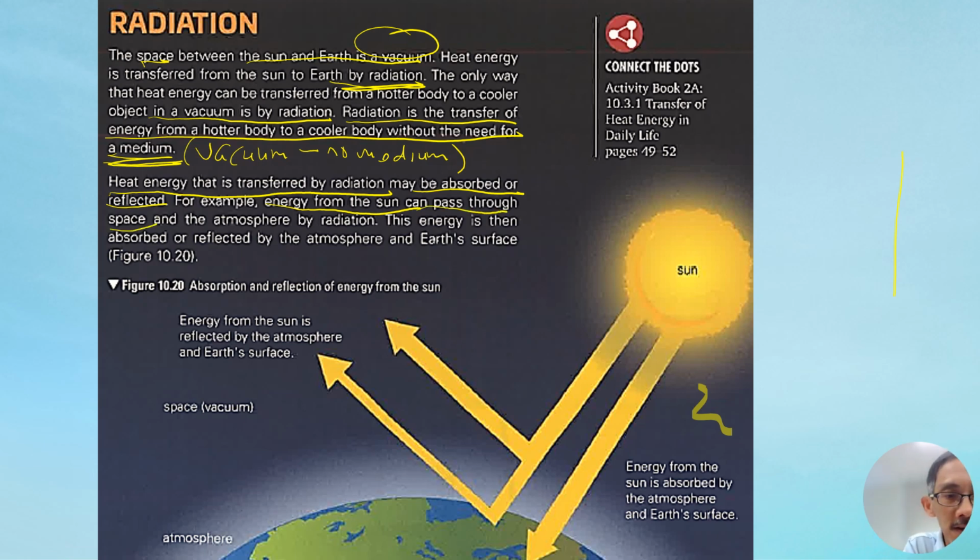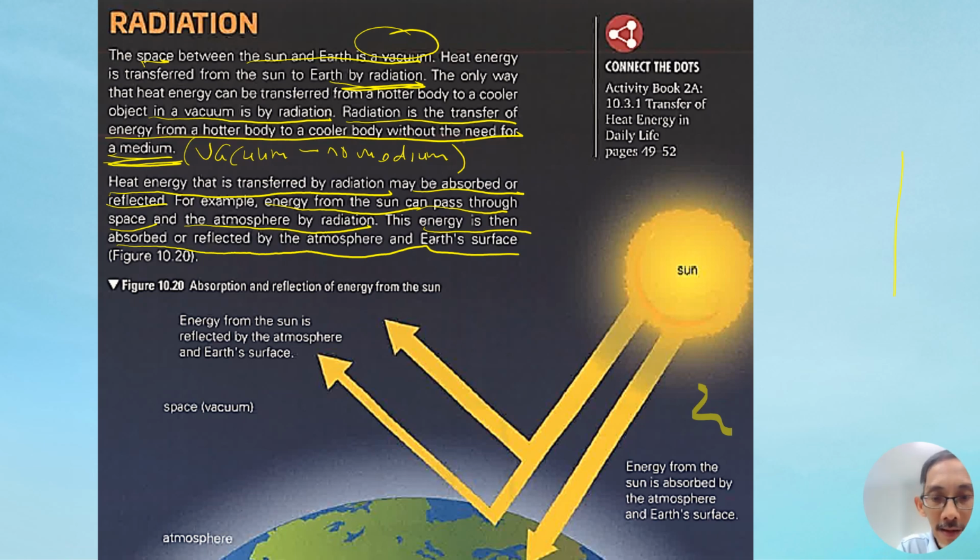Of course, and also through our atmosphere. So radiation can go from space into our atmosphere. Okay, then this energy is of course absorbed or reflected by our atmosphere and also by the Earth's surface. You can then see this very nice diagram showing reflection and absorption of the sun's radiation.